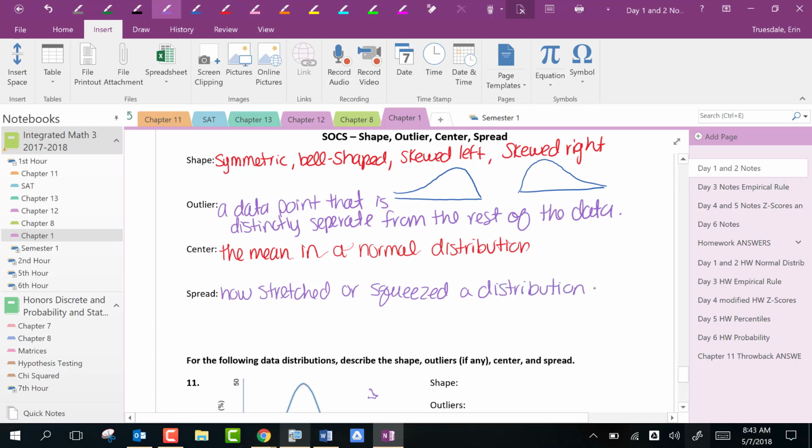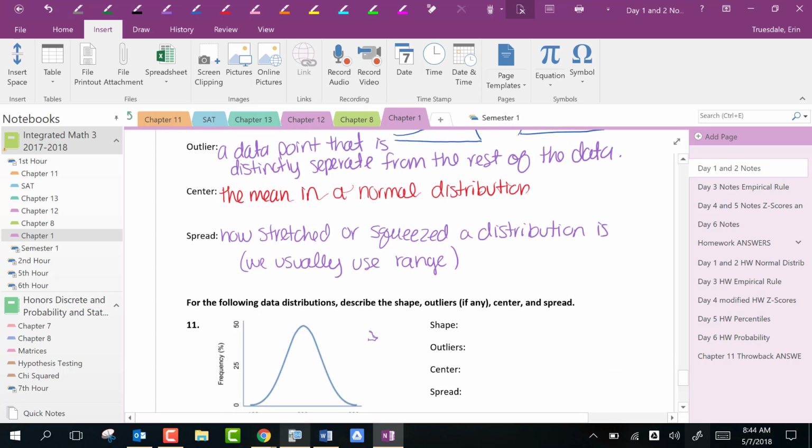We usually use range to describe the spread. So range would be like our data goes from 2 to 100, or our data goes from 5 to 80. That's a range. There are a lot of different ways to describe the spread of data, but we usually use the range.